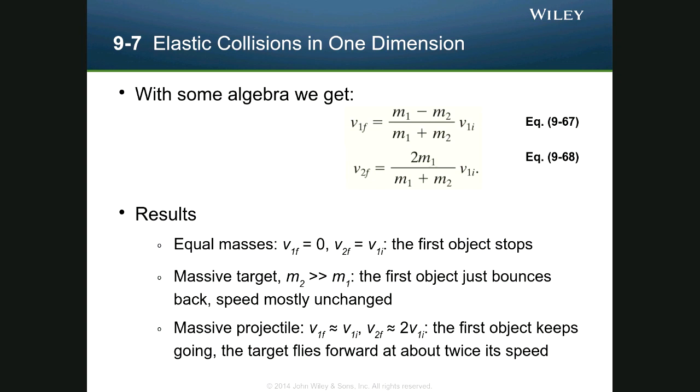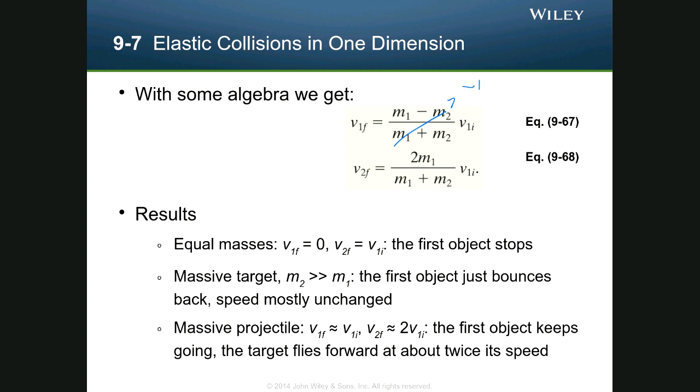So m1 minus m2 will be approximately minus m2, and m1 plus m2 will approximately be m2. And so from that previous work we can see that this fraction goes to -1. And we can see that the direction is just changed, right? You go from moving one way to moving the other way.